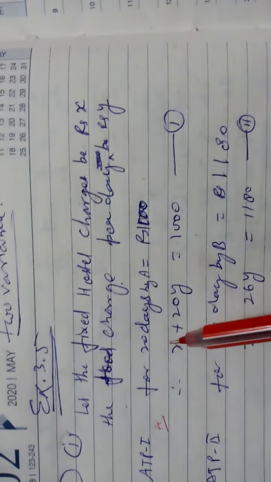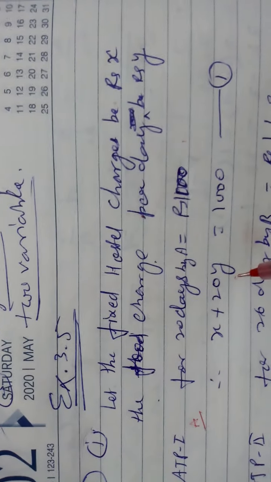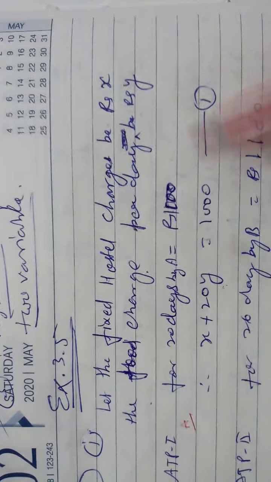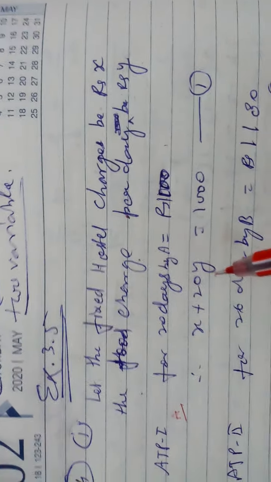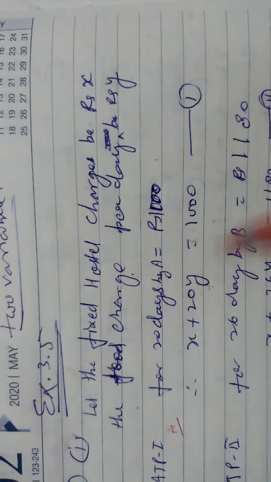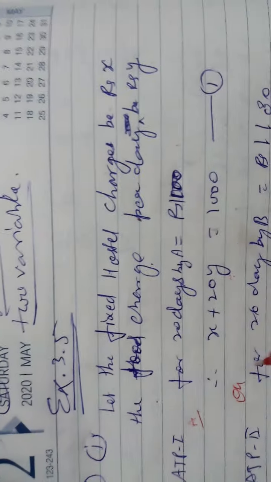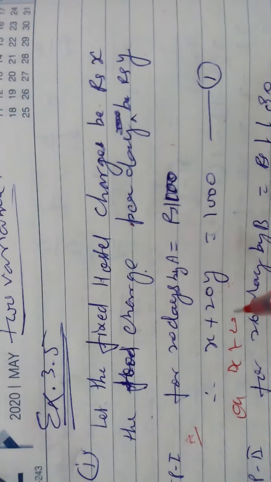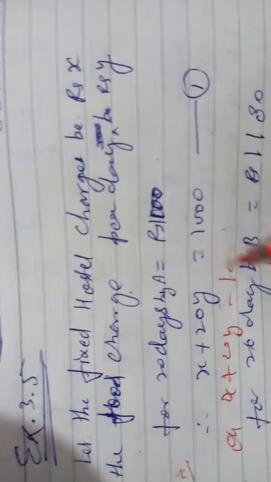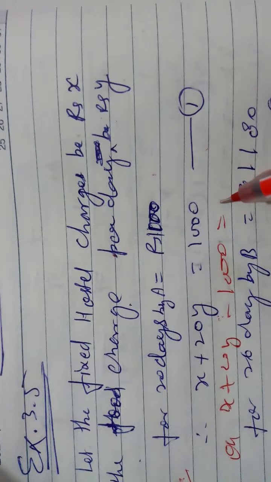In 20 days, fixed charge as well as per day charge. So per day is 1 day Y, so 20 days is 20Y. Fixed plus mess charge equals 1000. So it is equation number 1. You can write it as X plus 20Y minus 1000 is equal to 0. It is your equation number 1.